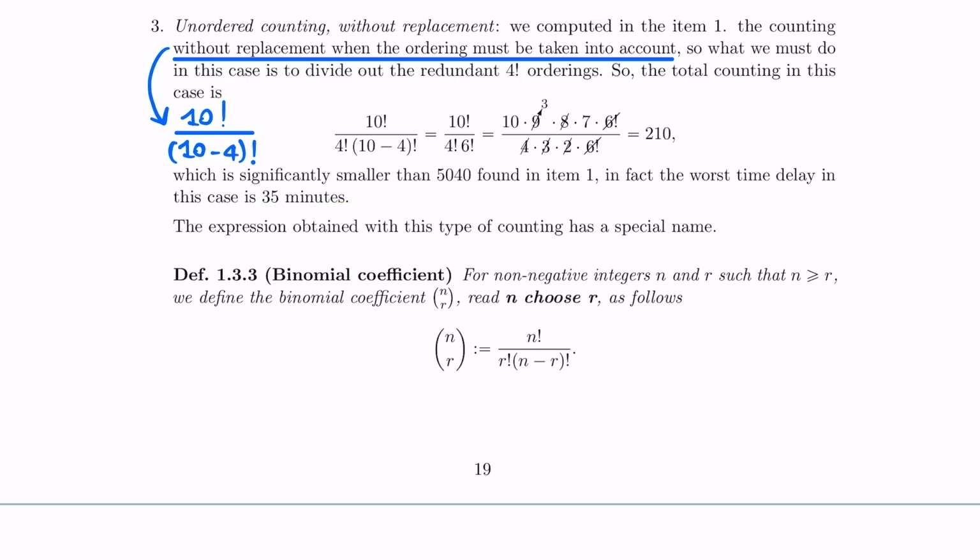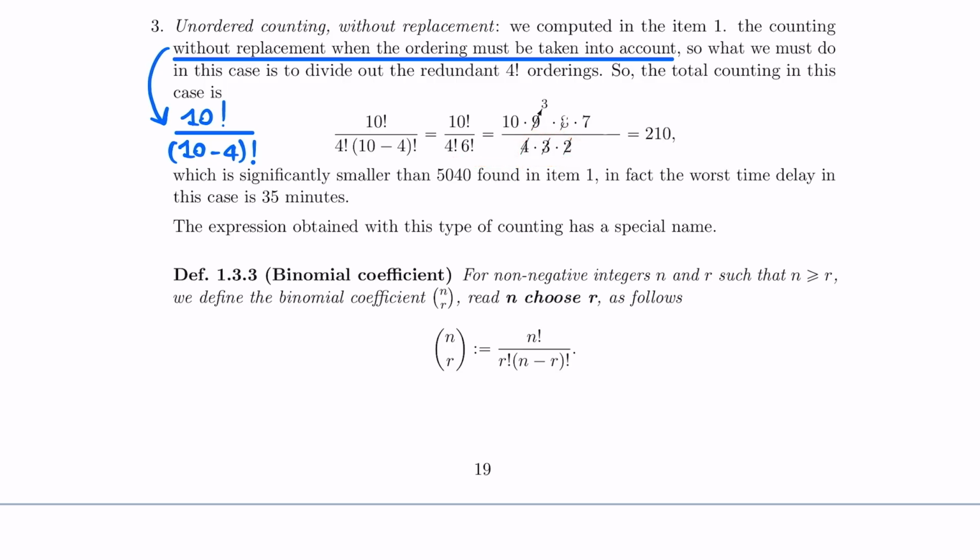Before generalizing this computation, let me give you some advice in order to compute this fraction. It's always a nice idea to use the previous property of the factorial that I showed to expand the numerator as I did here. Why did I stop at 6 factorial? Well, because in this way I can cancel it out with the 6 factorial at the denominator. So let's remove these factors. We remain with 4 factors that can be written explicitly like this.